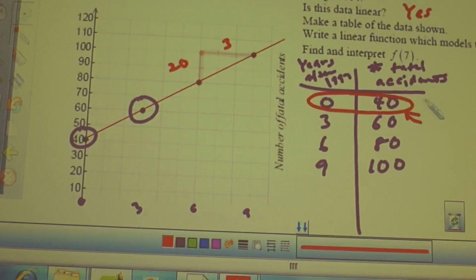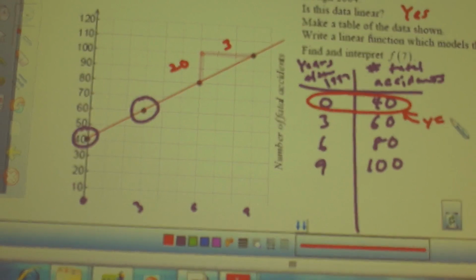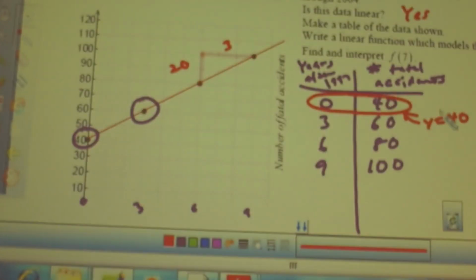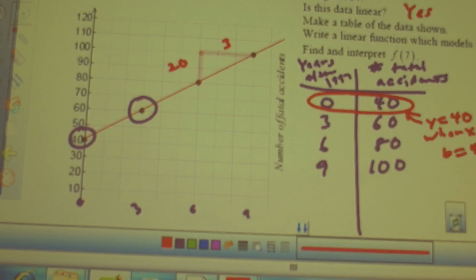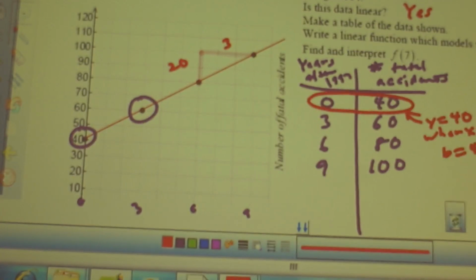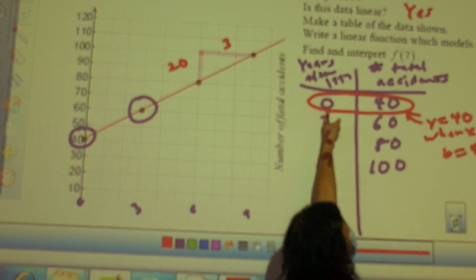So initially, my y is 40. So y is 40 when x equals 0. That means my b is 40. That's why it's really useful to make this 0, because then we can say, oh, when x is 0, b is whatever y is then.